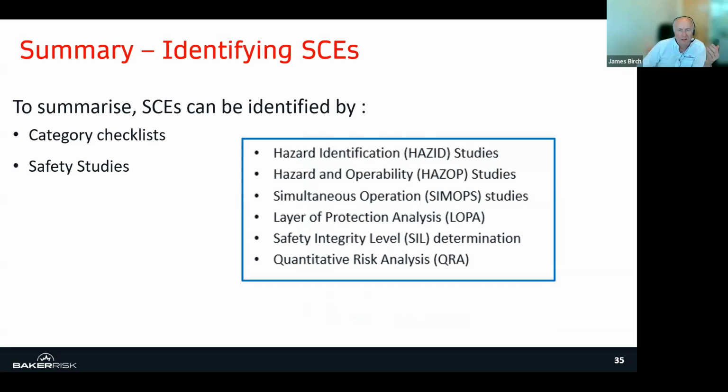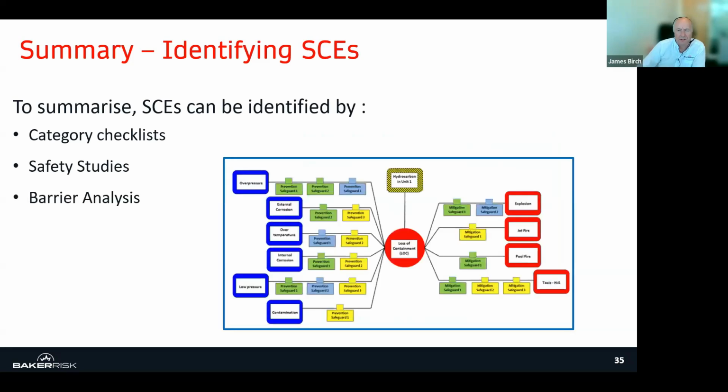But then to take the two methods, combine them, and give a balanced view, we look at barrier analysis, which is where we looked at the bow tie example. So as we move through the design process, we can aim to come out with a package of safety critical elements which focus resource where it's most needed.